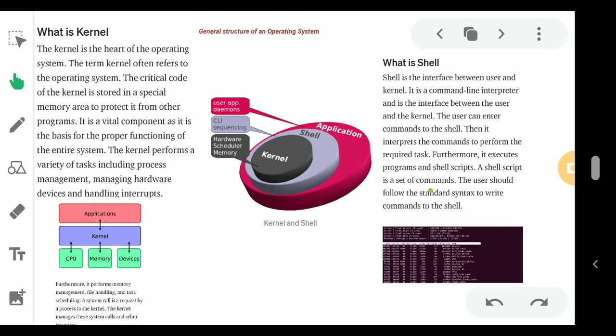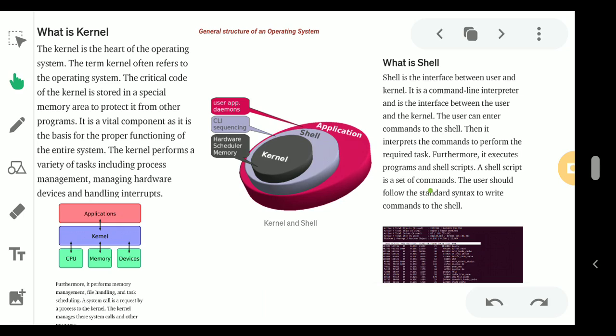So it can be a command line, it can be a graphical user interface. The user can enter the command to the shell, then it interprets the command to perform a routine task. Furthermore, it executes the program and the shell script. Shell scripts are very, very important.